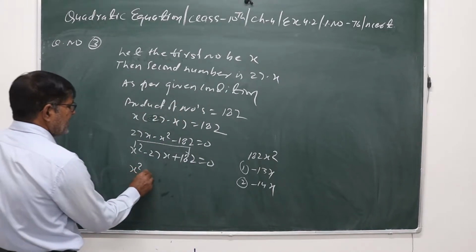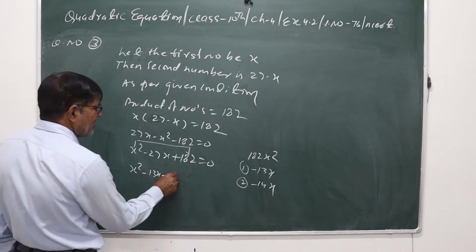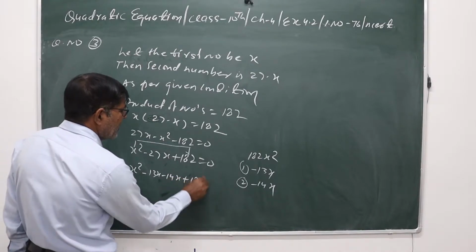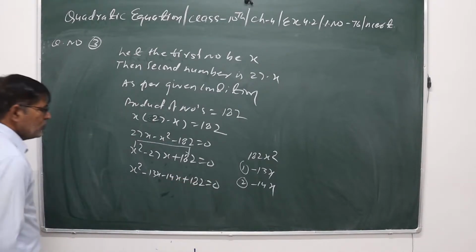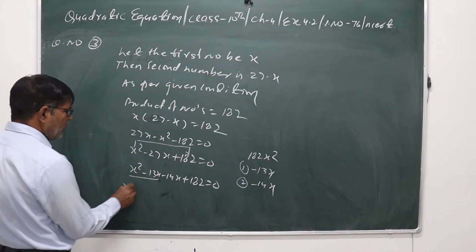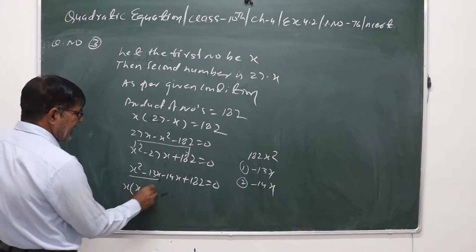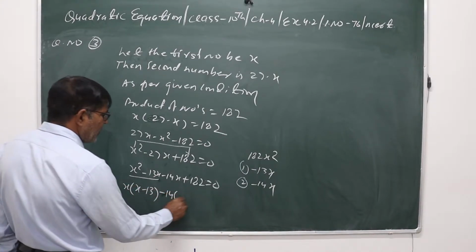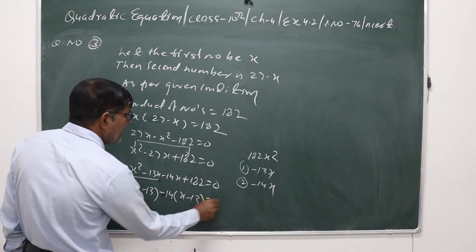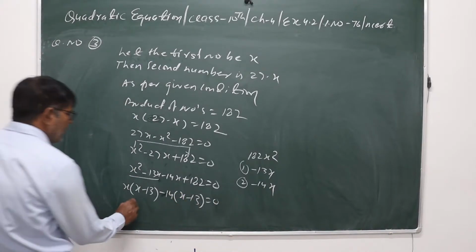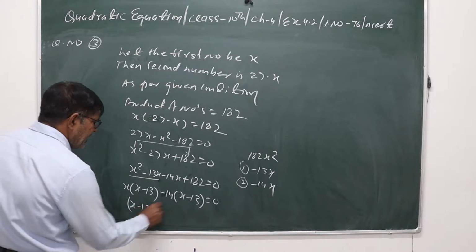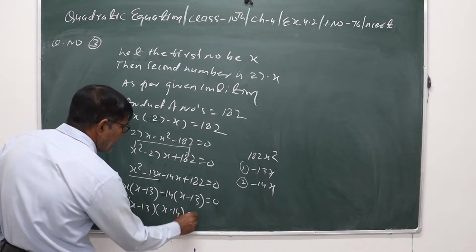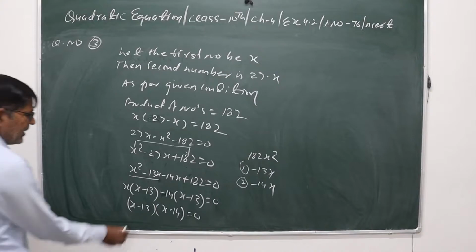So it will be x square minus 13x minus 14x plus 182 is equal to 0. From the first two terms, if we take x common, then x into (x minus 13) minus 14 into (x minus 13) is equal to 0. So (x minus 13) into (x minus 14) is equal to 0.